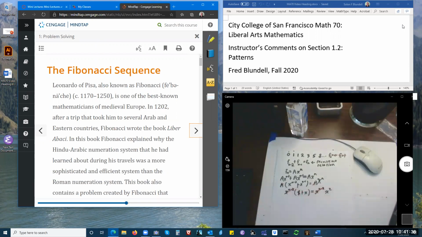And it's gone. So we're down to just x squared equals 1 plus x. So subtract the x from both sides. Subtract the 1 from both sides. And you get this simple quadratic equation.